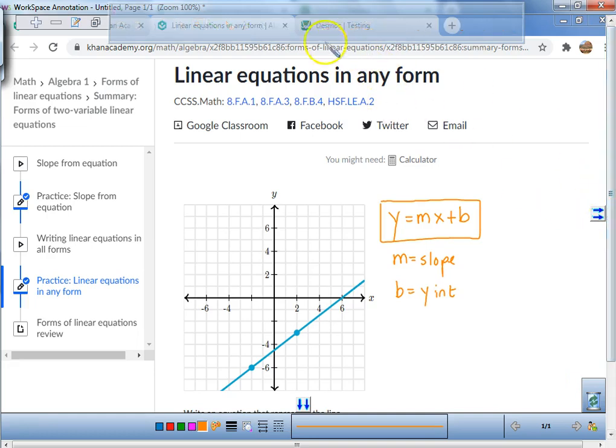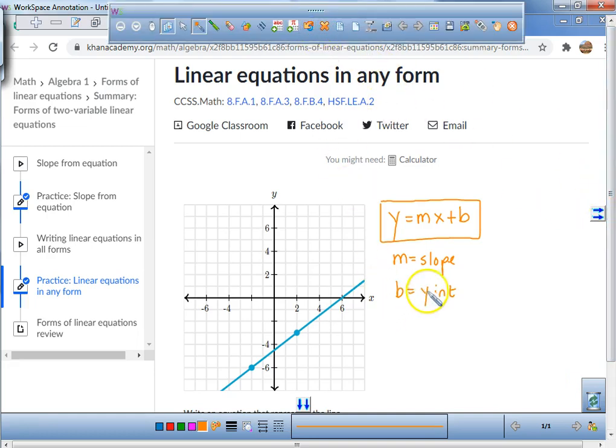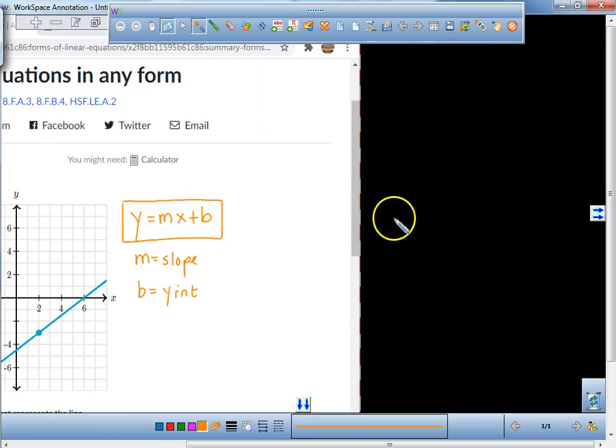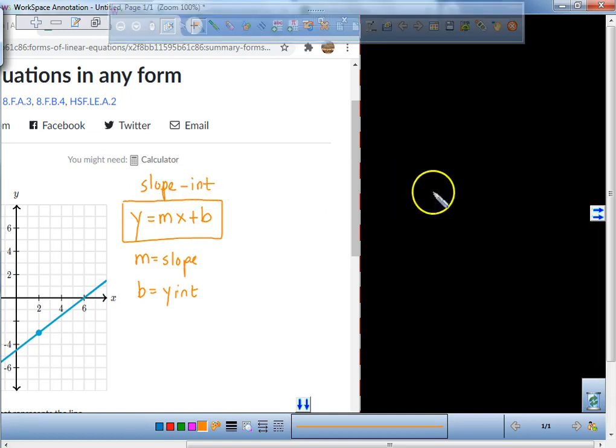The other form that you need to know how to utilize is what's called point-slope form. So everybody, right here in your journal, make sure you write slope-intercept, and right here I want you to write point-slope form: y minus y1 equals m parentheses x minus x1.